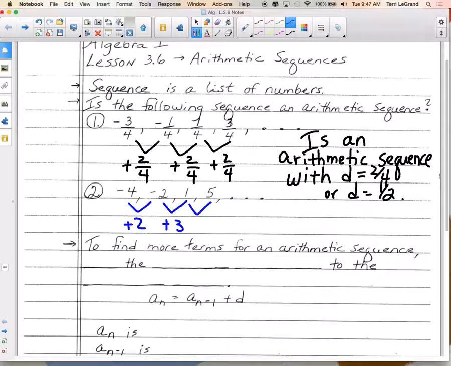To get from 1 to 5? Add 4. Is this an arithmetic sequence? No, not an arithmetic sequence. Because, why? It's not going up by the same amount. Okay, there's not a common difference. Not an arithmetic sequence.